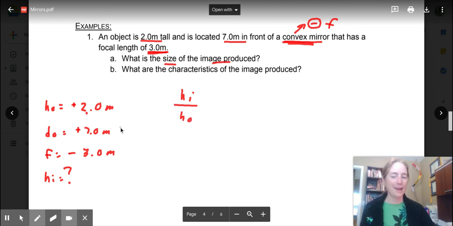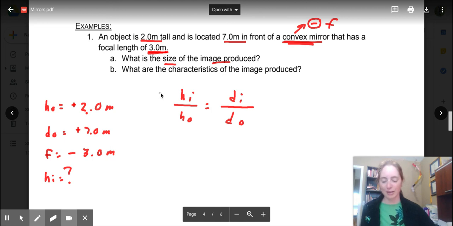Well, I don't have magnification, but I have the distance of the object, and guess what? I can use my other equation to get my missing DI. Okay, so that is going to be my second step.